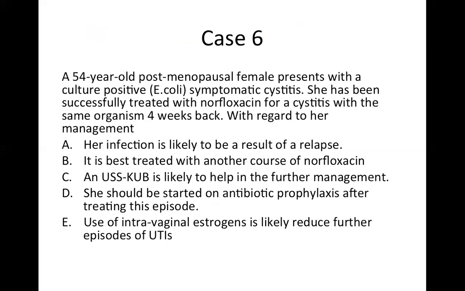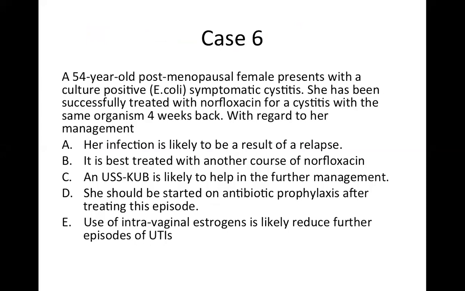Right, last case. After this, we'll give an opportunity for another question and answer session. So case number 6: a 54-year-old postmenopausal female presents with a culture-positive E. coli symptomatic cystitis.